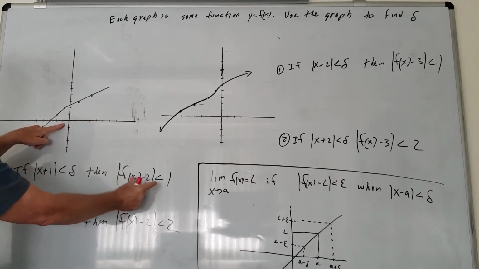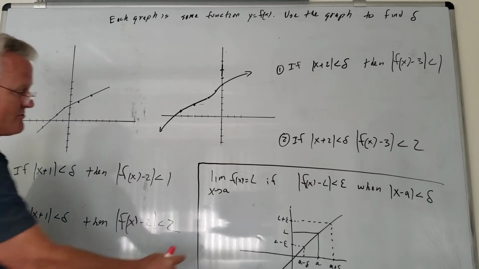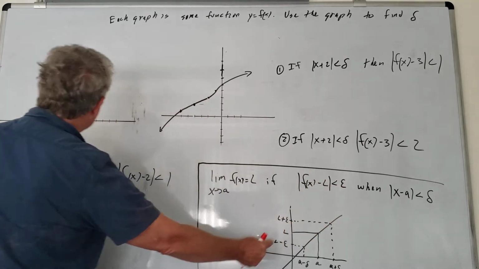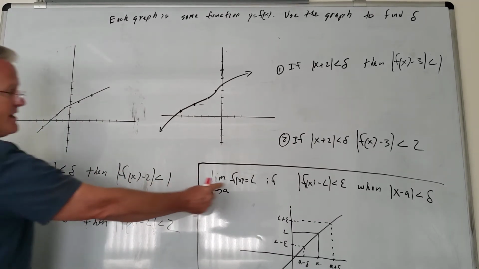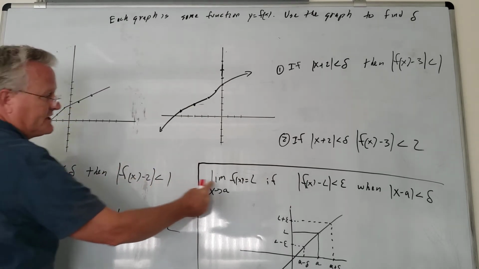But we want that distance to be less than 1. So our epsilon now is 1. That's our value of epsilon. So we take our limit, which is 2. That's our L. And our epsilon in this case is 1.